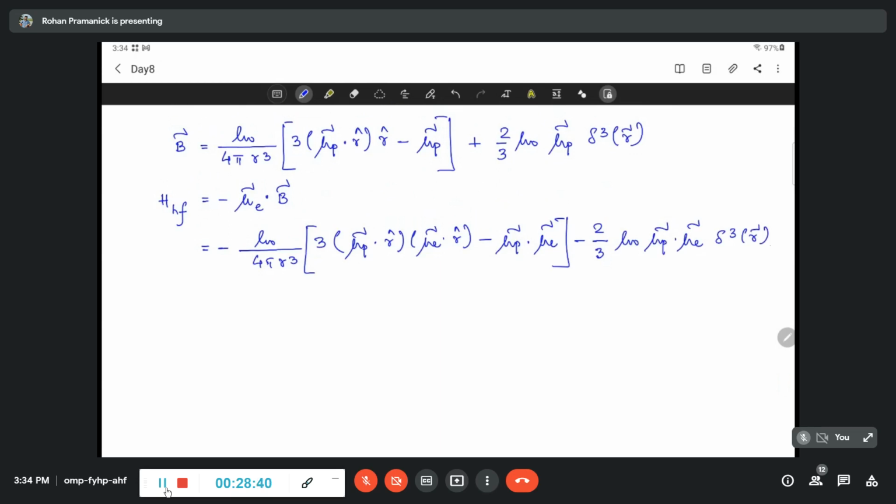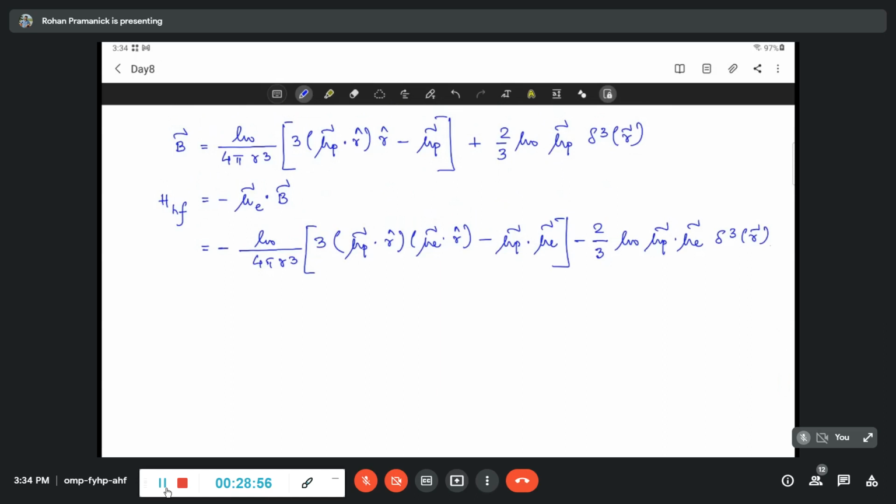So this is the expression, and then we replace mu in terms of S, and we find out what this expression is.